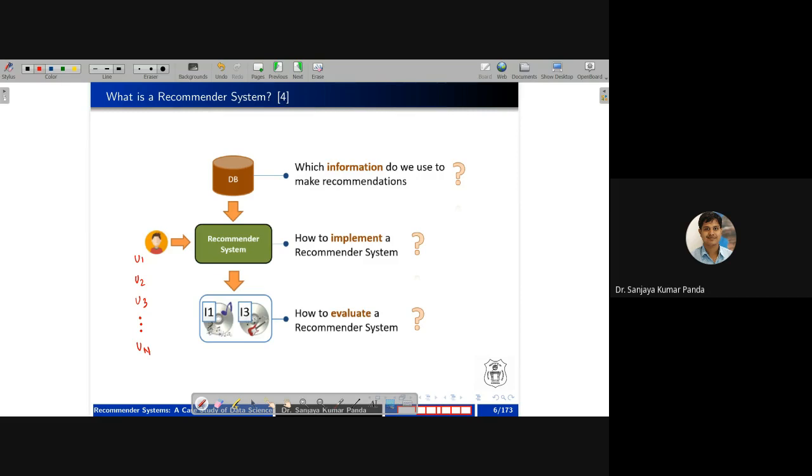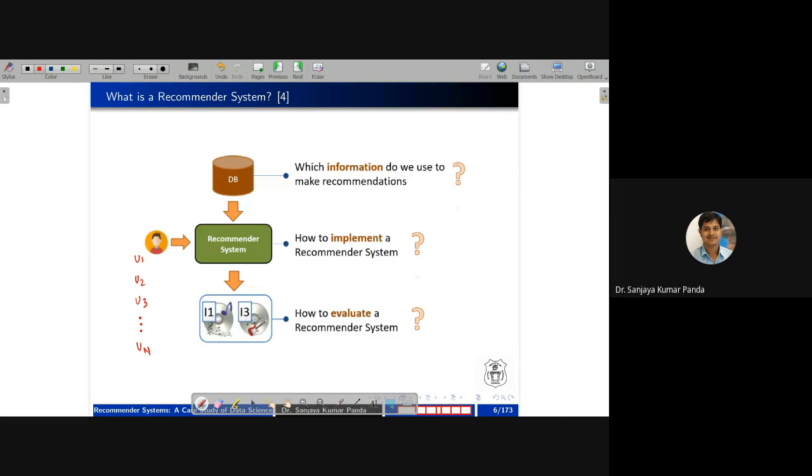If you are not comfortable with those, you can use Microsoft Excel to implement the recommendation system. We'll see some of the implementation perspective because our activity 1 and activity 2 are related to this implementation part. The third is related to the fourth component of the recommender system, which is how to evaluate a recommender system.